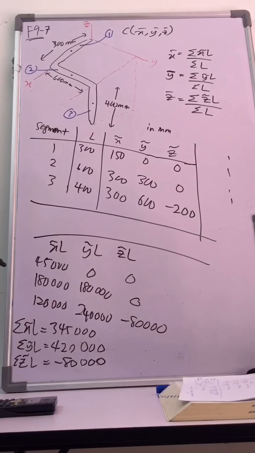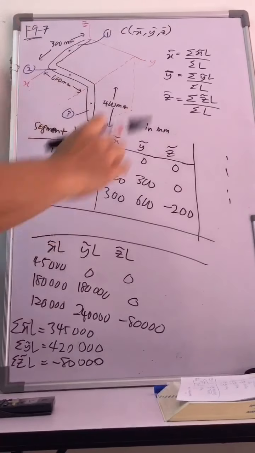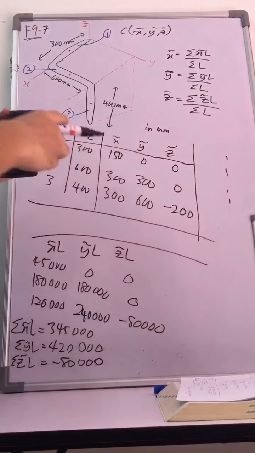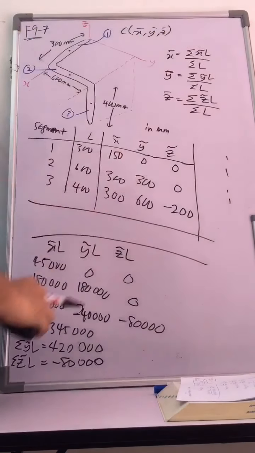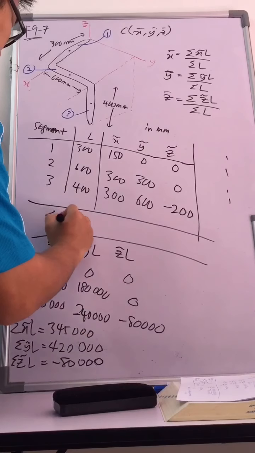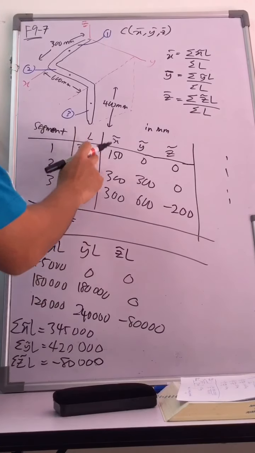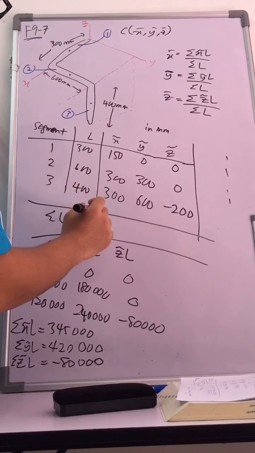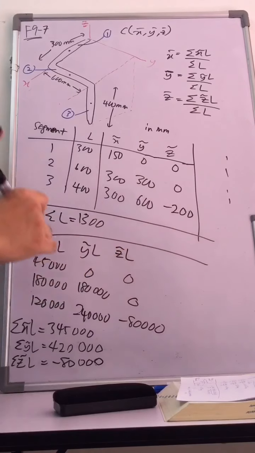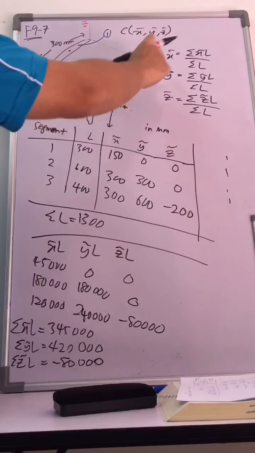And then what's next? Next we will put it into the equation, right? So for x bar, it is this. Okay, another thing, I forgot. Summation of L, okay, is 300 plus 600 plus 400. It is how much? 1300 millimeter, isn't it? Okay. So now we substitute into the equation.